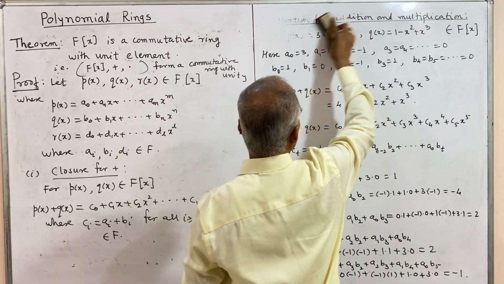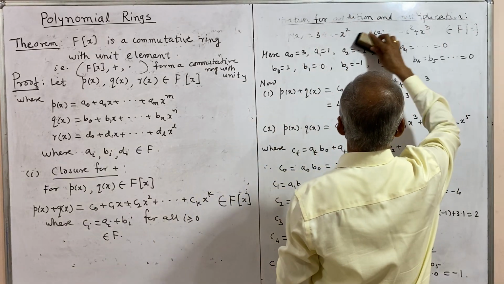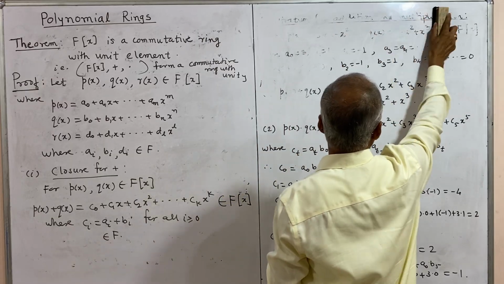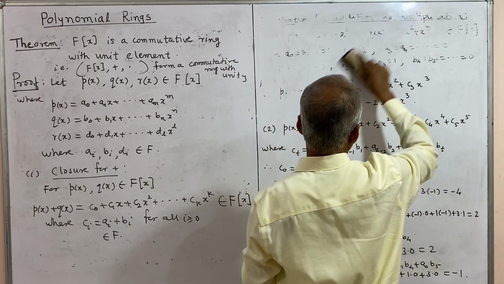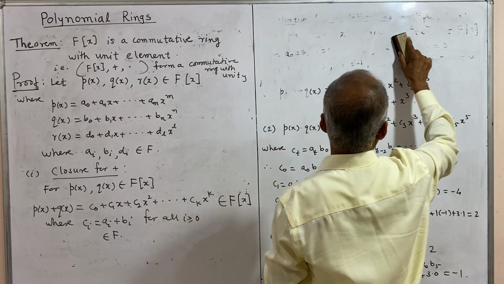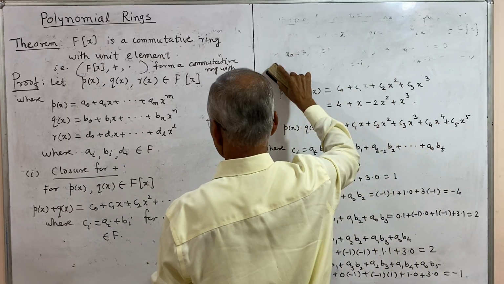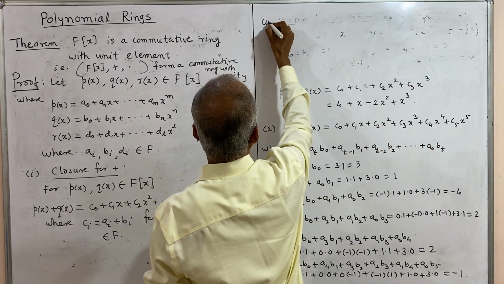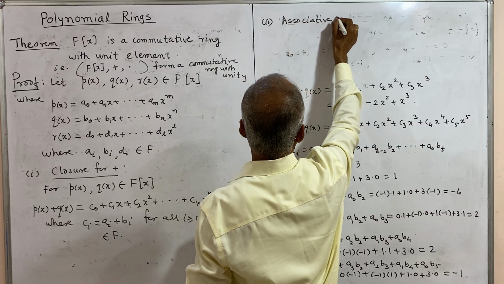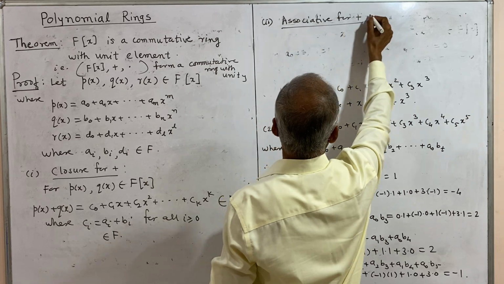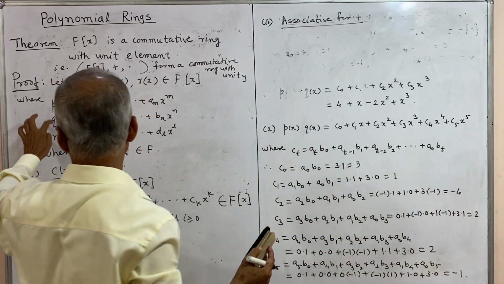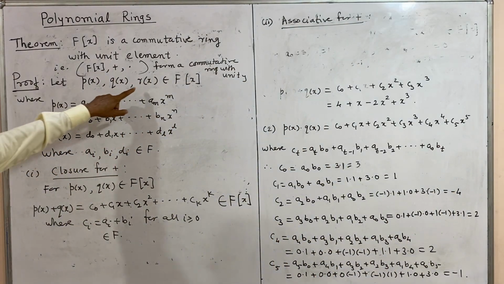Now associative. So these are the properties which are easy to verify. Associative for addition. Here we shall consider 3 polynomials p, q, r, and this belongs to F of x.